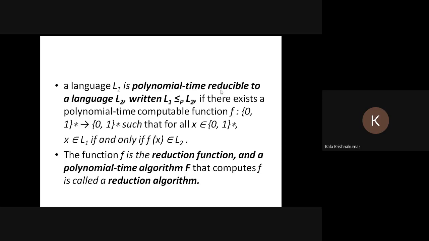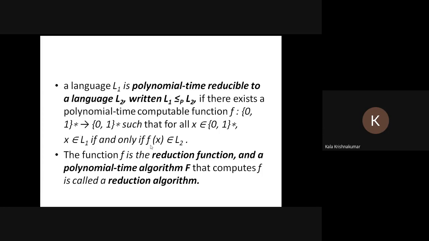So we are defining a polynomial time computable function, and we are taking each instance of this problem or language, that is, we have L1 and L2. So we can take a string from L1, for example x. Then you apply this function on this string, that is f of x.